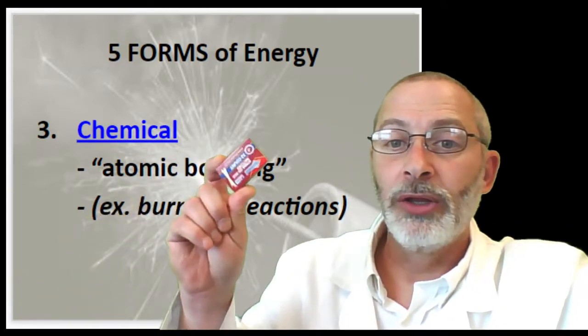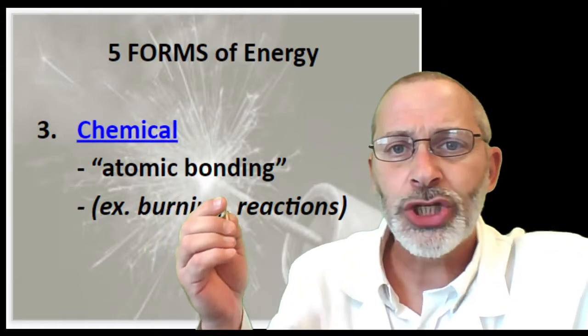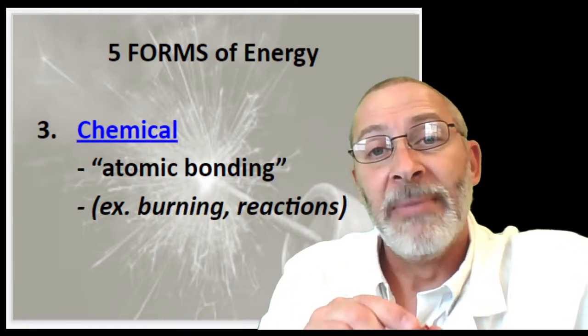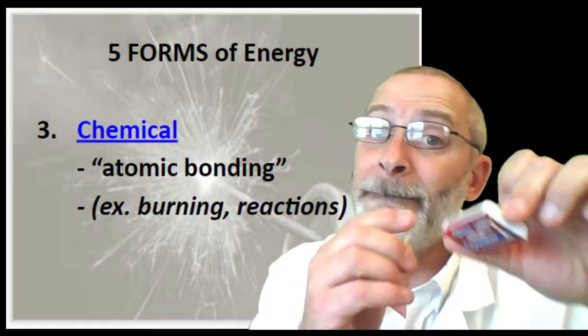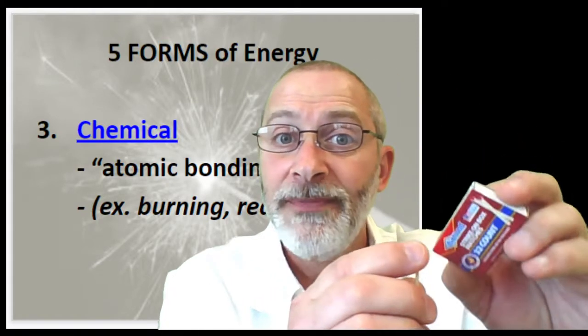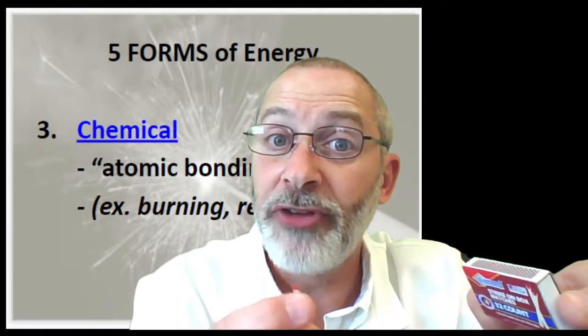Let's go back to our little match example here, okay? We take our match and we apply some mechanical energy to the strike plate. That mechanical energy is then converted into heat energy from the friction.